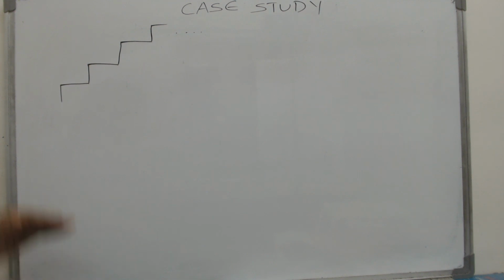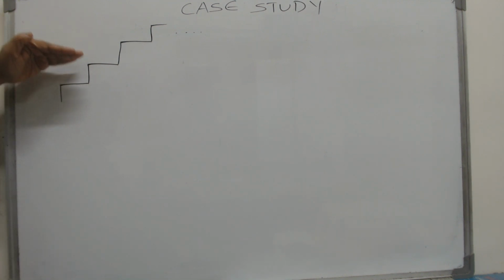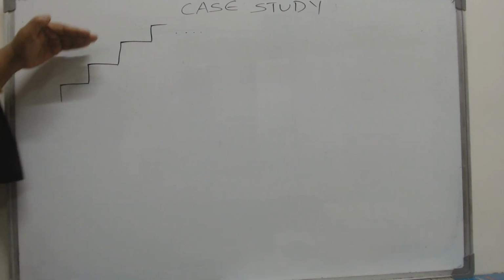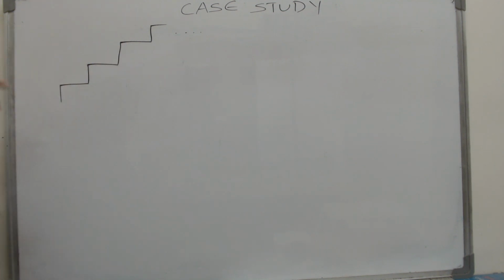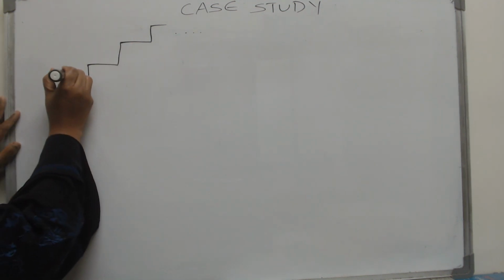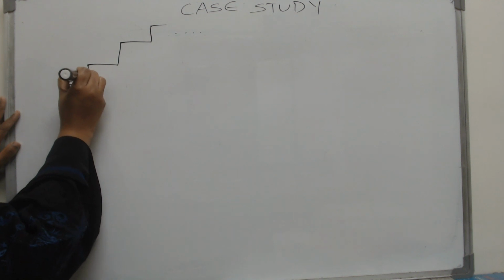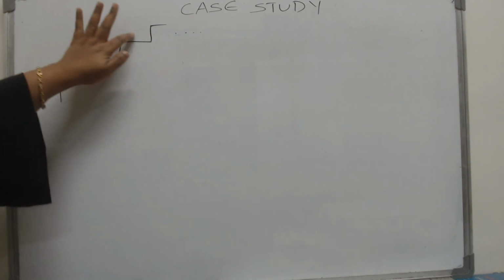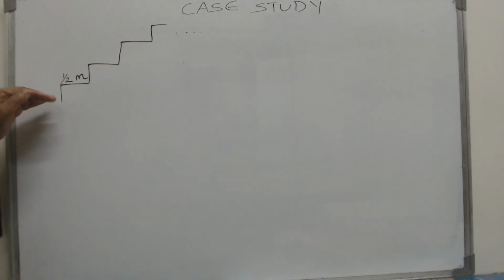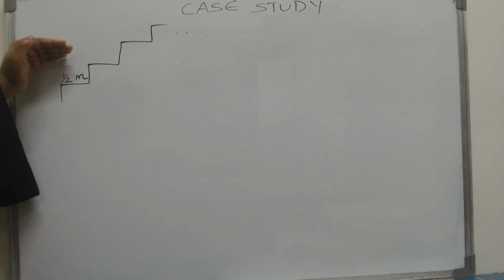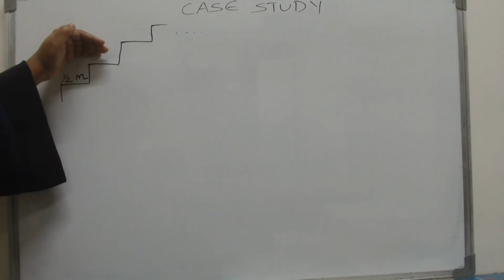What are the three quantities which are related to a step? First thing is the tread space, the place where you keep your legs when you are climbing up the stairs. That is half meters, for each and every step. And what is the next thing that we need to know? It is the height of the steps. How much do you have to lift your legs to get to the next step?